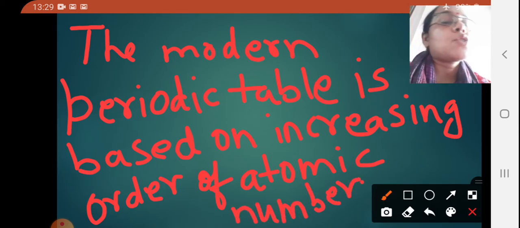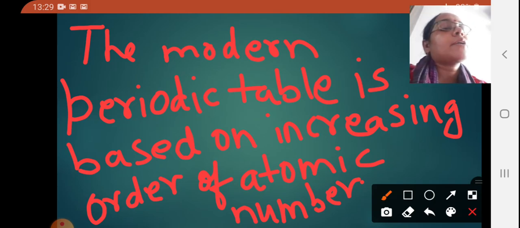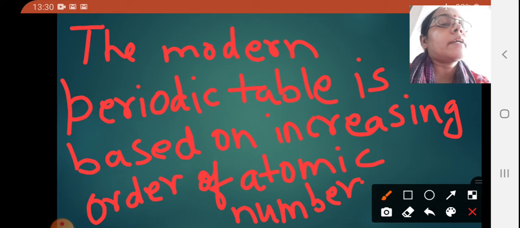This you must be knowing, and if you are not, you should know it, and you should always keep in mind that the modern periodic table is based on increasing order of atomic number.